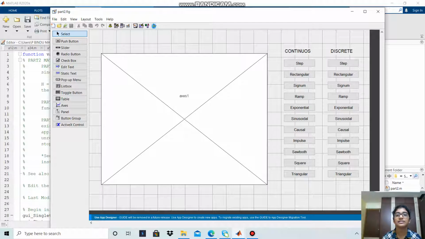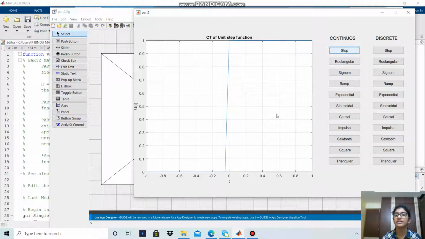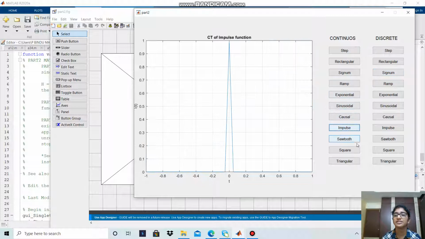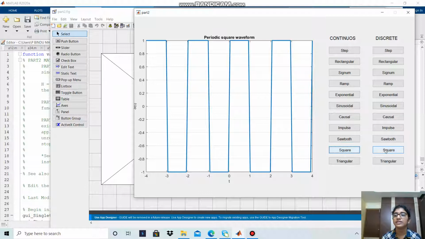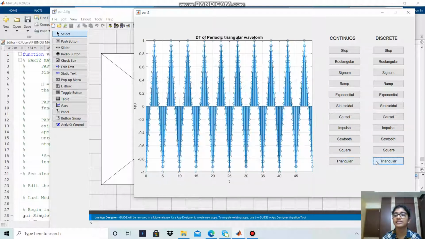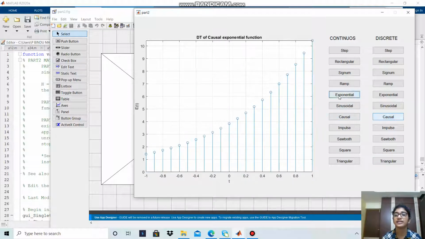If we run this and want the step continuous, here it is, and the signum discrete, impulse continuous, impulse discrete, square continuous and square discrete, triangular continuous, triangular discrete, causal discrete, everything exponential.